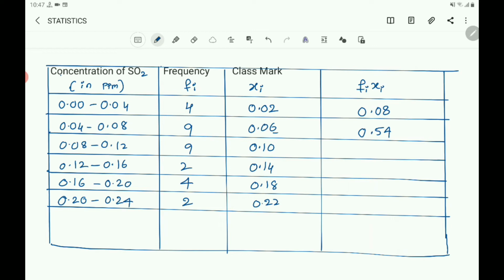And 9 into 0.10, you know that 10 9s are 90, so 0.90. Next 14 2s are 28, that is 0.28. Next 18 4s are 72, that is 0.72. Next 22 2s are 44, that is 0.44.